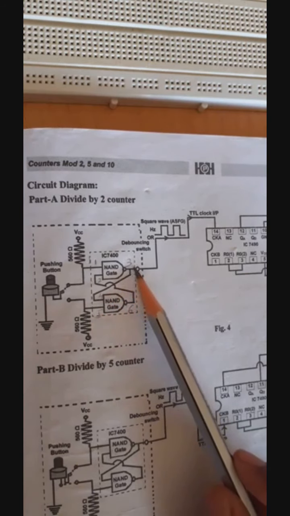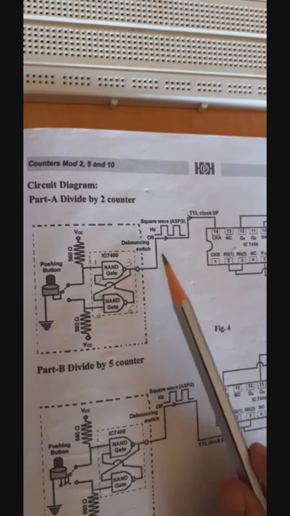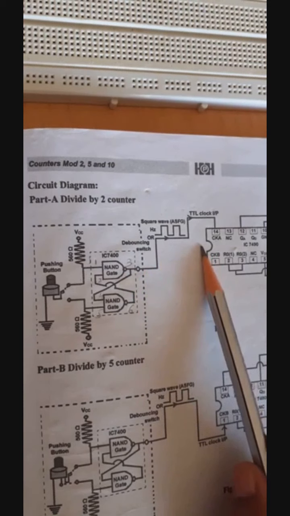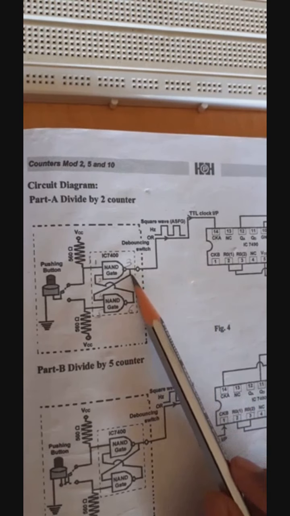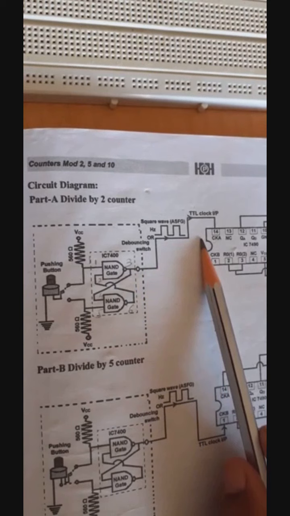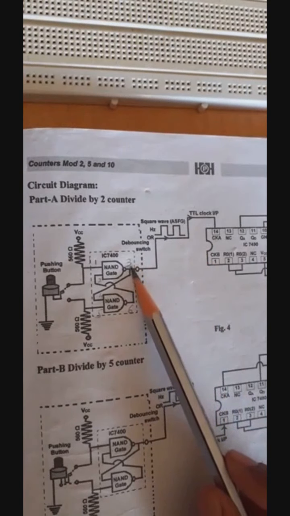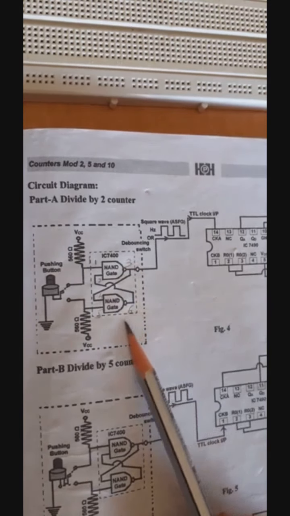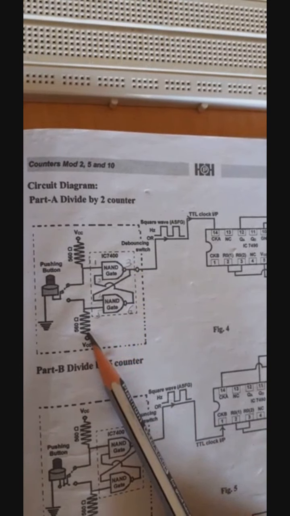The clock pulse is provided to the next circuits, that is the divided by 2 counter, divided by 5 counter and divided by 10 counter also. This clock pulse signal is provided to those circuits, and it is taken from pin number 3. So this is the basic diagram of a debounce circuit.